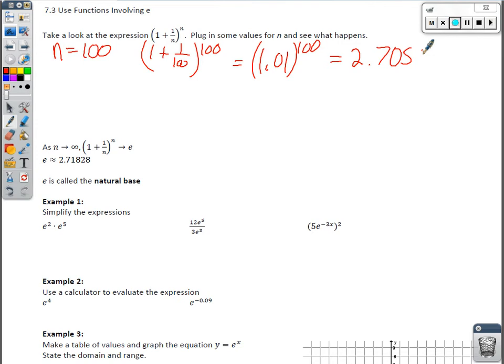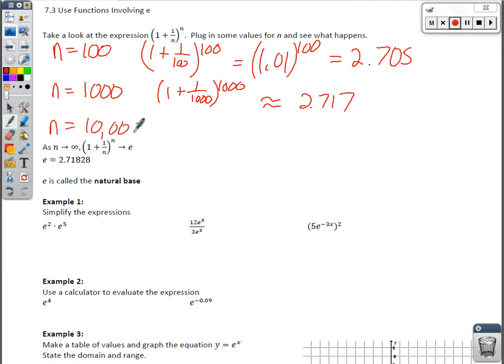Let's go up to n equals 1,000. Then we get 1 plus 1 over 1,000, to the 1,000, and you get approximately 2.717.